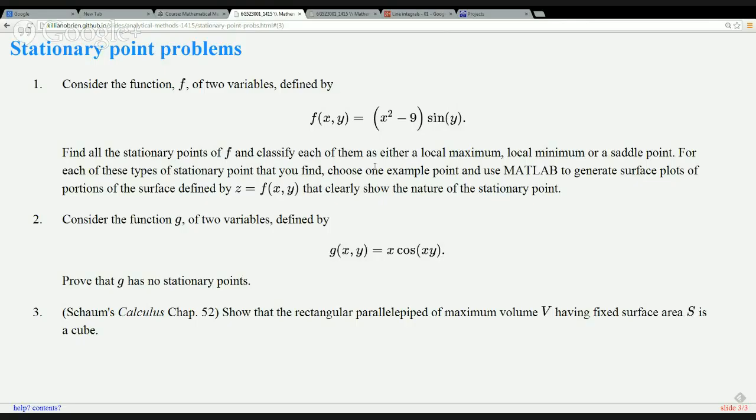If z minus x is 0 and z minus y is 0, then x and y and z have to be the same thing. And that's a cube, isn't it? The box where x, y, and z are all the same. Okay, so as required, we showed the box having maximum volume for a given surface area is in fact a cube.